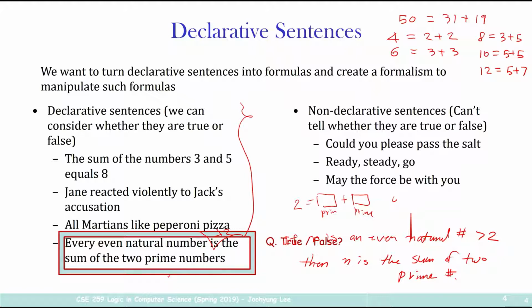We cannot actually assign meaning to those sentences in logic. So if you say, "Could you please pass the salt?" is it true or false? It's very silly to say that. And "ready, steady, go", or "may the force be with you", these are not sentences that you say are true or false. Okay. So for the time being, we will consider only these sentences that we can assign true or false.